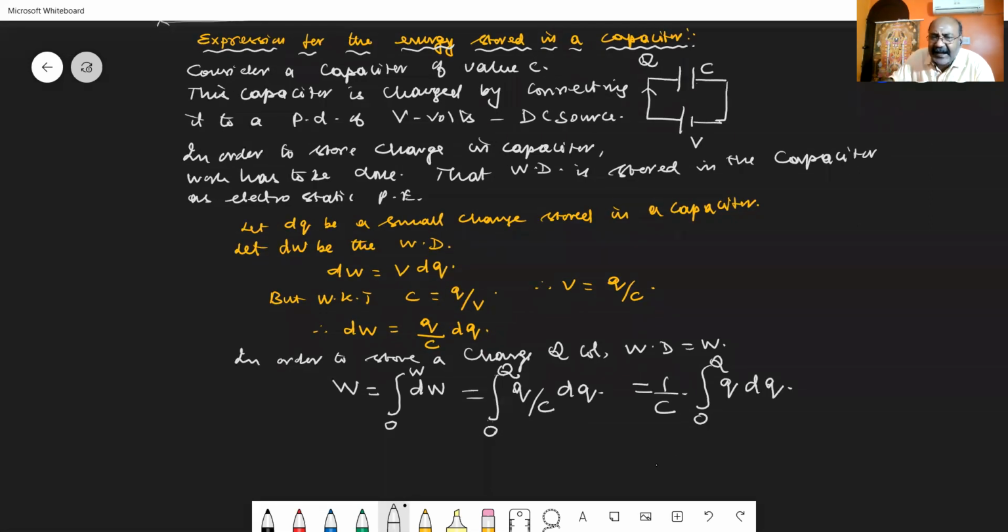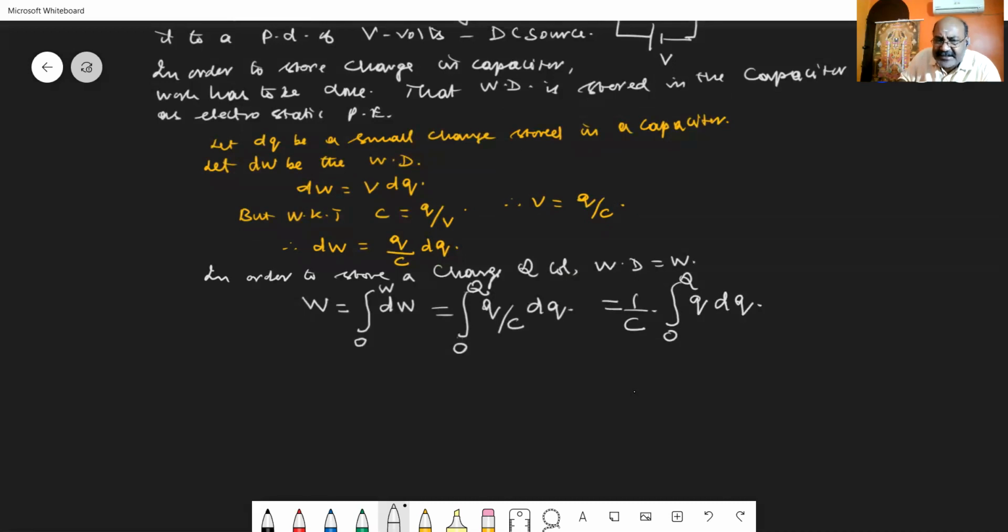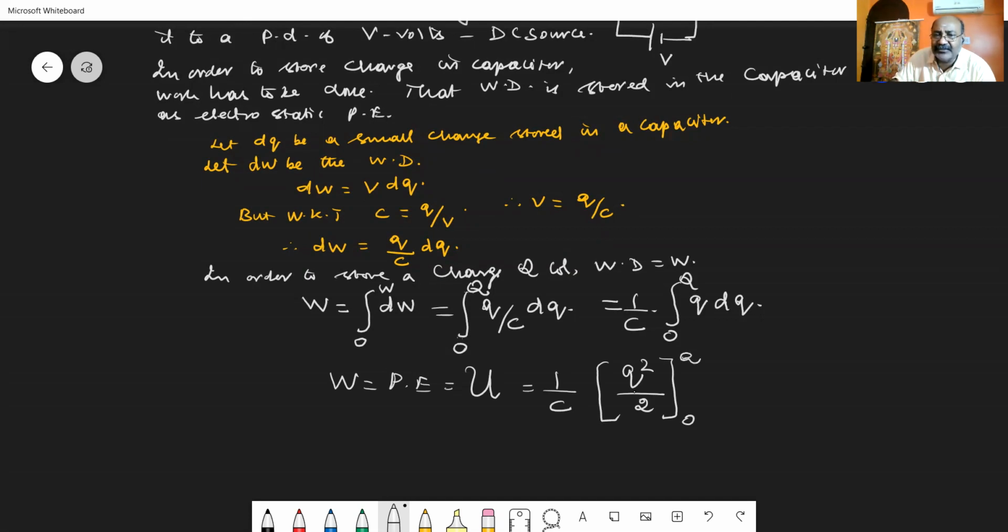This total work done is stored as potential energy, represented by the letter epsilon, which is equal to 1 by C into Q square divided by 2 within the limits 0 to Q. One half is a constant, so take it out and apply the limits: upper limit Q square minus lower limit 0.